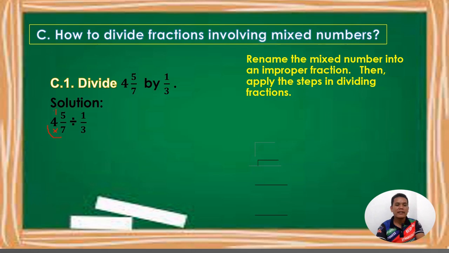Then we will add the numerator, so that is 28 plus 5 equals 33, and then copy the denominator. So that is 33 over 7.